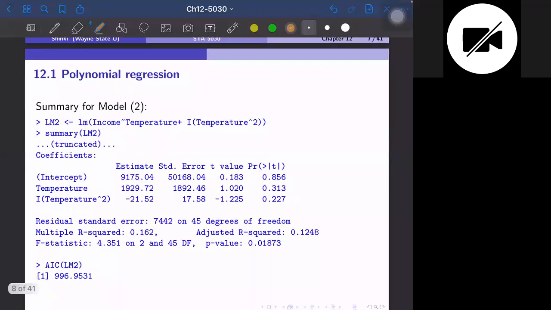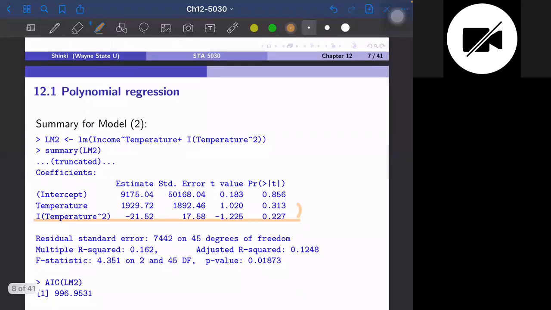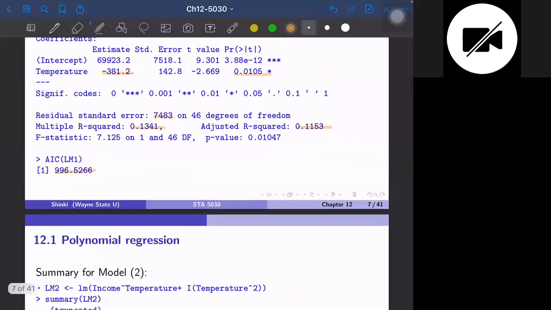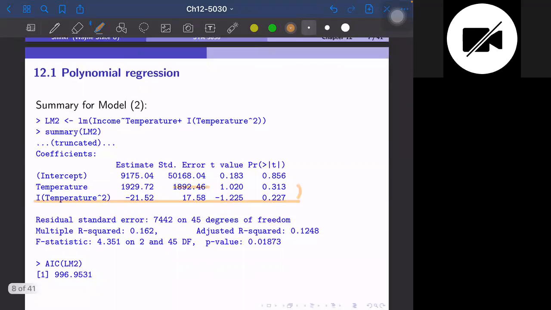Suppose we include the quadratic term here. Then actually this isn't really significant, and we have some multi-collinearity. The standard deviation for this is obviously inflated. So we are not exactly sure, but there is some trouble. And we calculate adjusted R square and multiple R square.